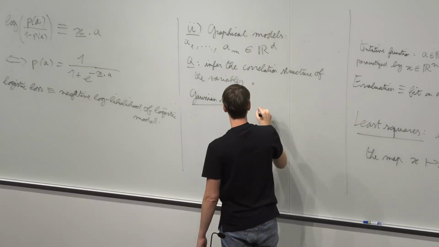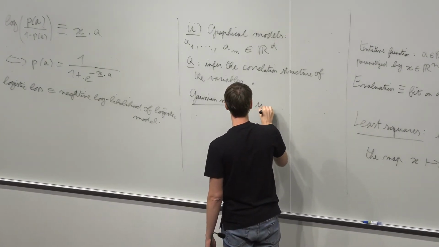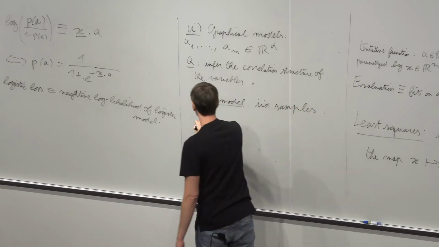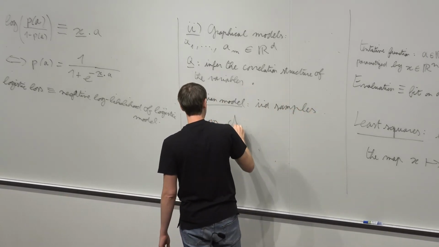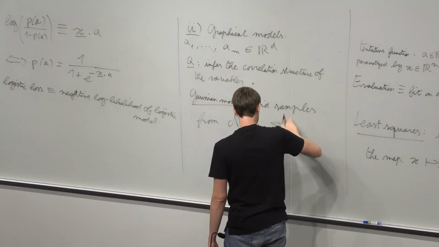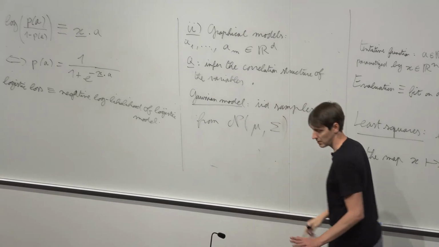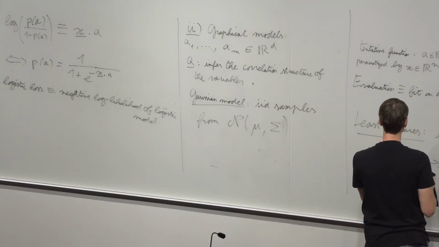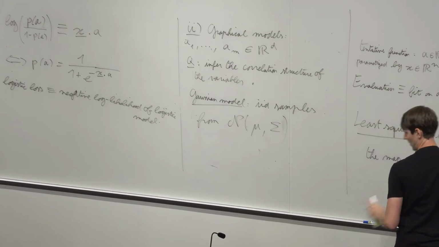Okay, so the Gaussian model is that I have IID samples from a Gaussian N(mu, Sigma). Now Sigma is the covariance matrix.